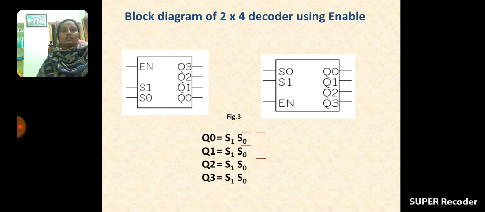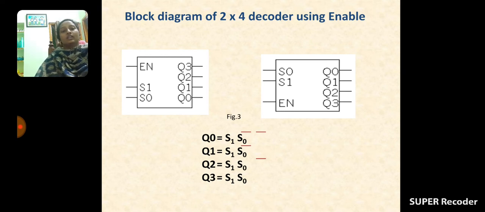Here in the logical expression, S0 and S1 are considered with bars. If S1 and S0 are 0, 0, in the mathematical expression both are written with bars. If it is 0 and 1, S1 is not complemented but S0 is barred.